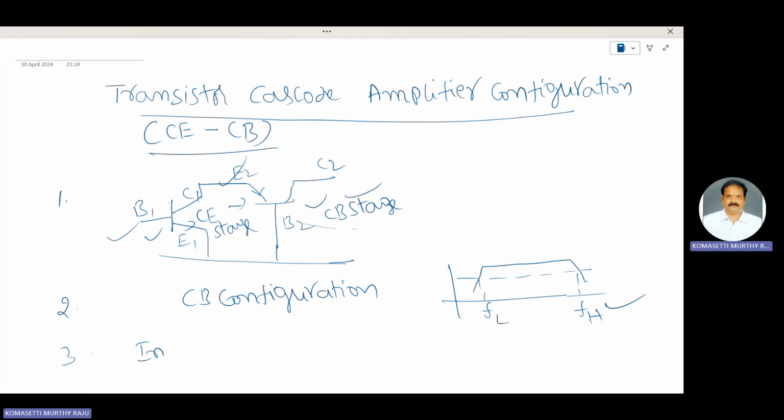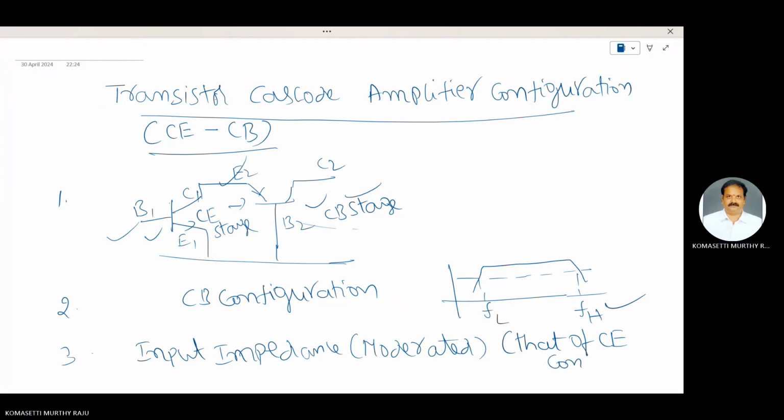The input impedance of the cascode amplifier configuration is moderate. That means it is that of the top CE configuration.